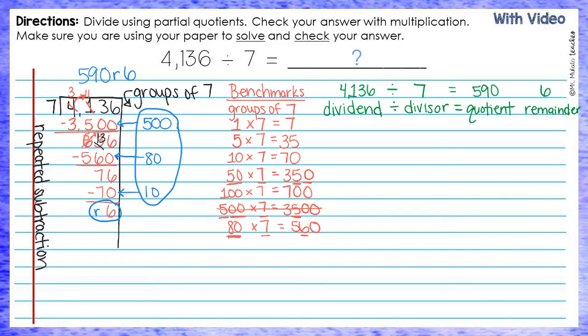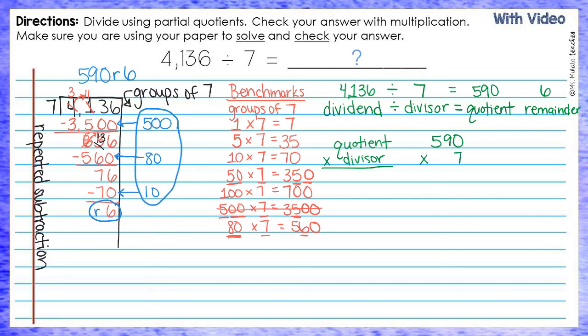So when we check, because division is the inverse of multiplication, we're going to take our quotient, our answer, and multiply it times the divisor. So go ahead and take our quotient, 590, and multiply it times the divisor. Our divisor was 7.